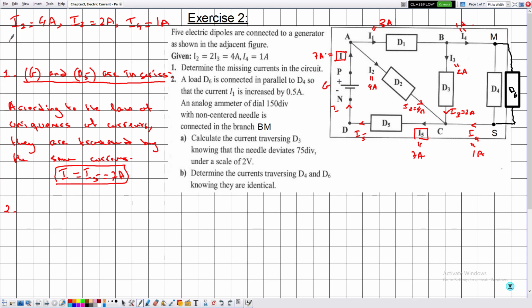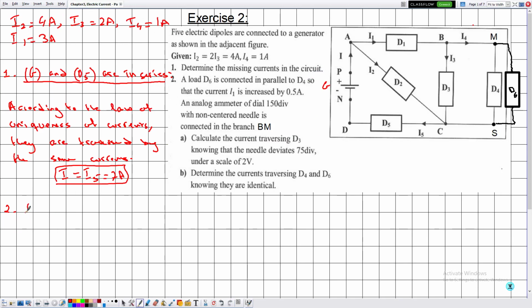In this case, they are telling me that I1 increases. So the values of the currents will change. And they are telling me that I1 is increased by 0.5 amperes.